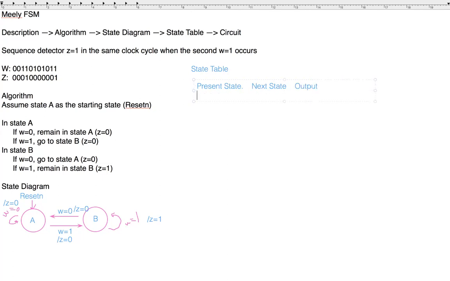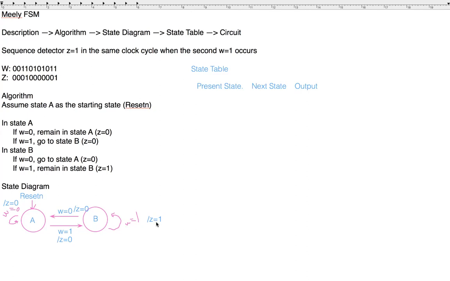Present state is going to be, remember present is the lowercase y2, y1. Let's look here. We only have 2 states actually. If we only have 2 states, remember what I told you guys? You only need 1 state variable because 1 flip-flop can hold 1 state variable.